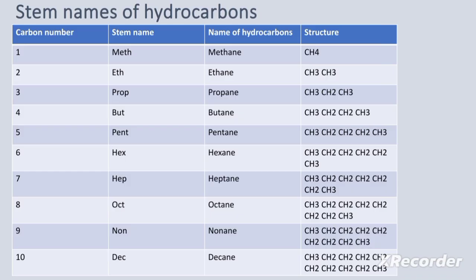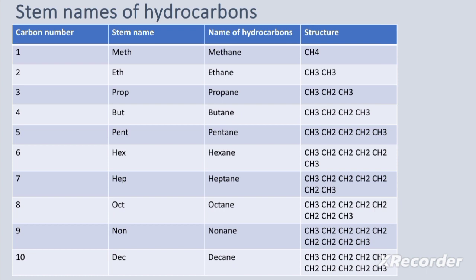When there is one carbon in a hydrocarbon, we use the stem name meth. Here in alkanes, the suffix is ane, so methane, that is CH4, the simplest hydrocarbon. Then if there are two carbon atoms, eth is the stem name, ethane.